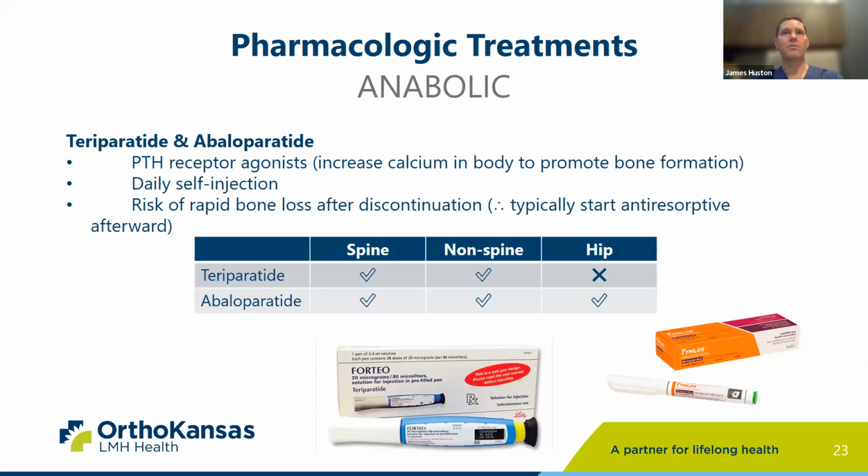Transitioning from those anti-resorptive medications to the anabolic, or building up more bone, medications, there are 2 main ones in that category: teriparatide and abaloparatide. The brand names are Forteo, which is teriparatide, and Tymlos, which is abaloparatide.